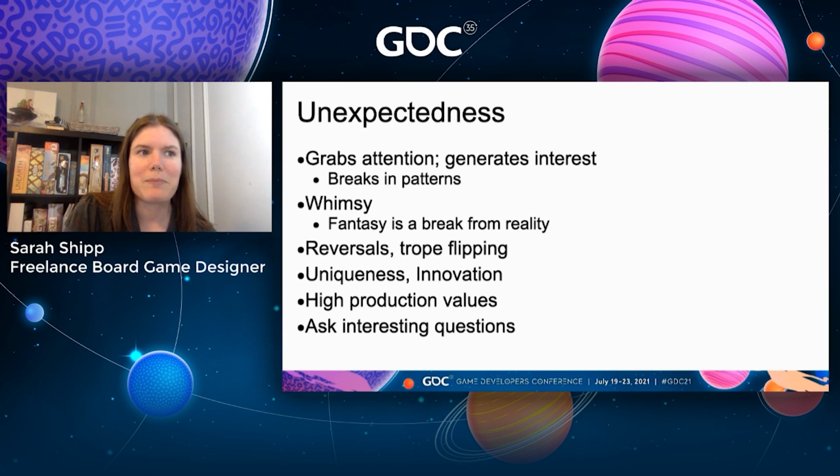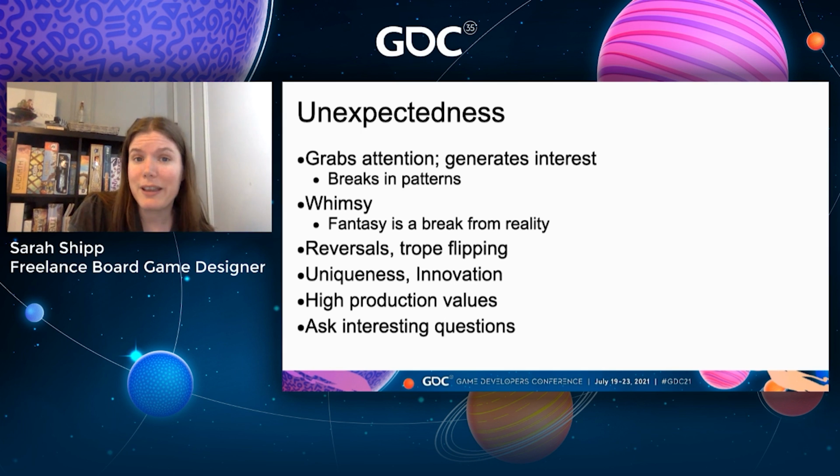Gimmicks rely on big, splashy elements to grab attention. Anything that does that can feel gimmicky. Instead, we need to be asking interesting questions of our design. What component would most help drive home the theme? What would make players care more about the characters or story in the game? How can I subvert expectations?